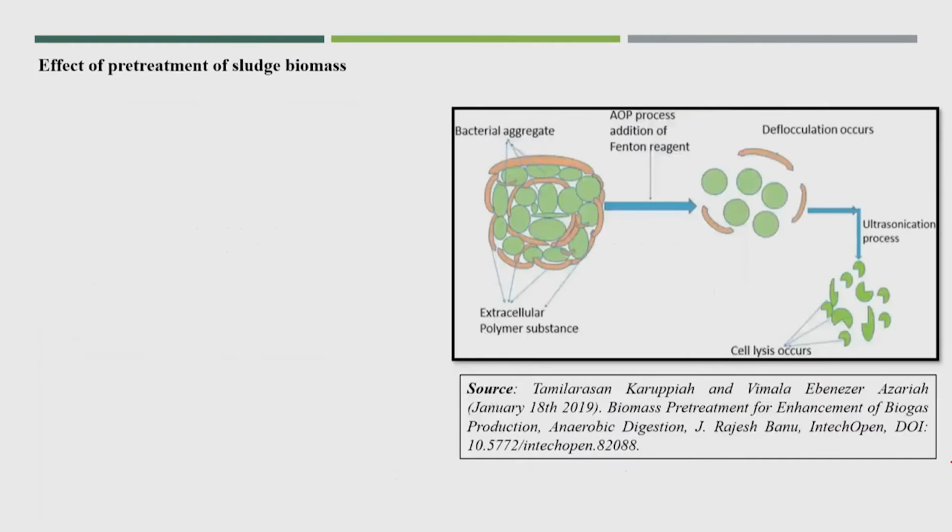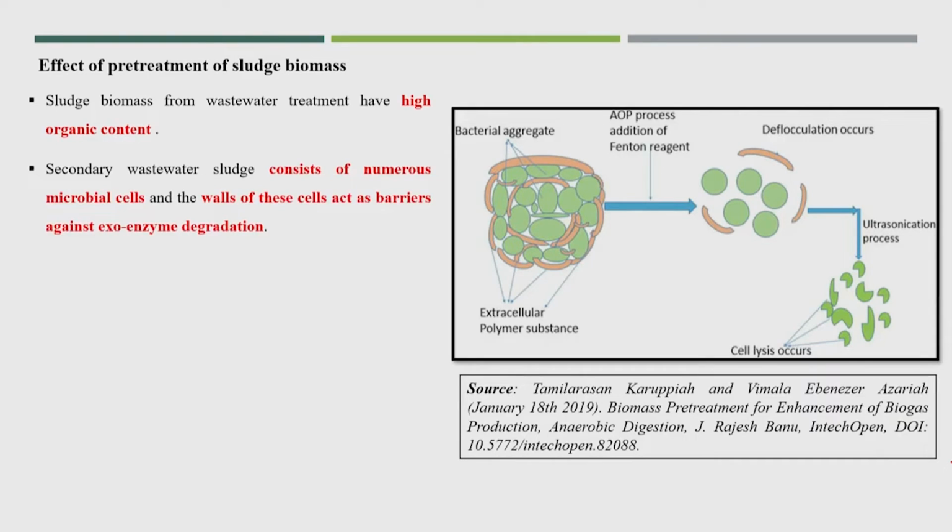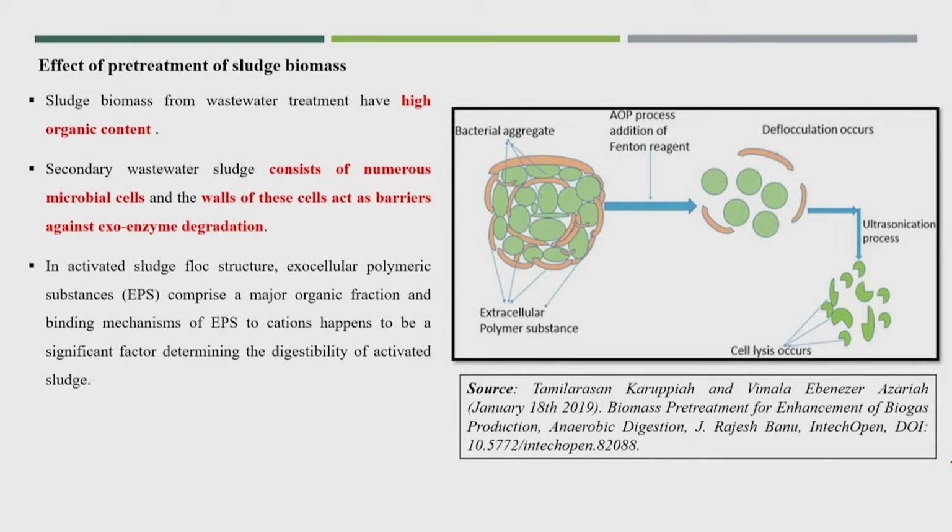anaerobic digestion process. Now, what is the effect of pretreatment of these sludge biomasses? Normally these sludge biomasses will have extracellular polymeric substances. Sludge biomass from wastewater treatment has high organic content, but consists of numerous microbial cells, and the walls of these cells act as a barrier against enzyme degradation or microbial degradation.